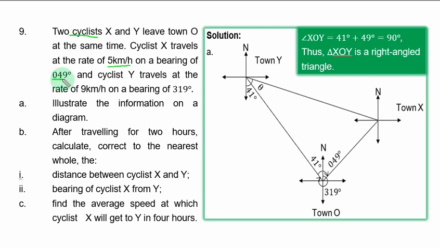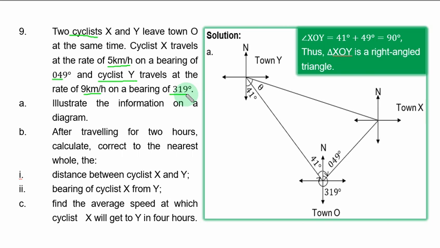Remember, it's from town O. And cyclist Y travels at the rate of 9 kilometers per hour on a bearing of 319 degrees. A part of the question: illustrate the information on a diagram.